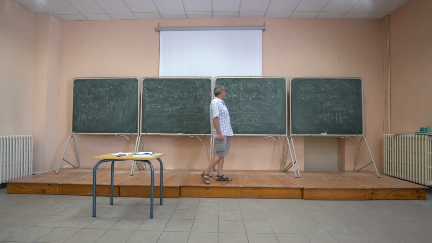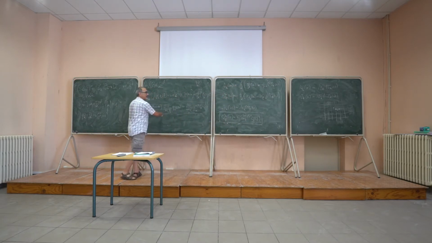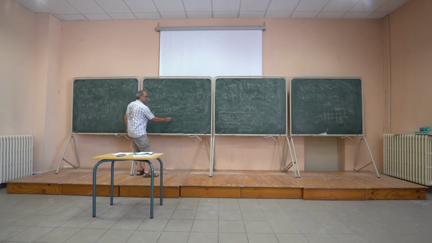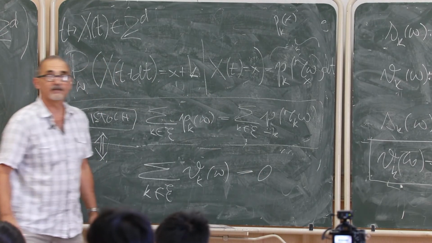But on top of that, the bistochasticity is equivalent, if you look there, to the sum over k in E of v sub k omega equals 0.